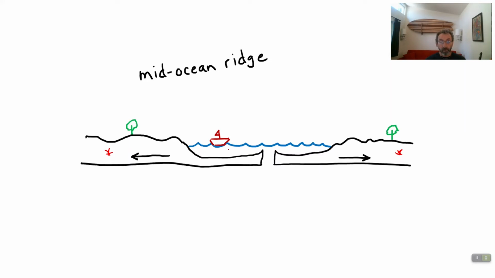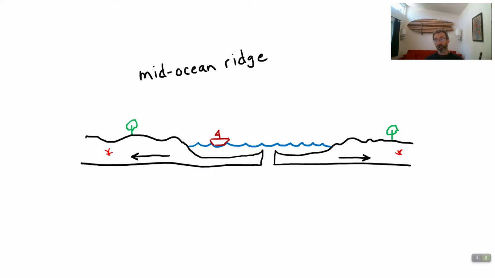Also I want to point out that each of these plates has both continental crust, so you can see this is part of the continent over here, with a tree, and then there's also oceanic crust. Remember that because oceanic crust is denser, it tends to ride lower, and as a result, that's where the water collects. So we have an ocean forming where we have oceanic crust.